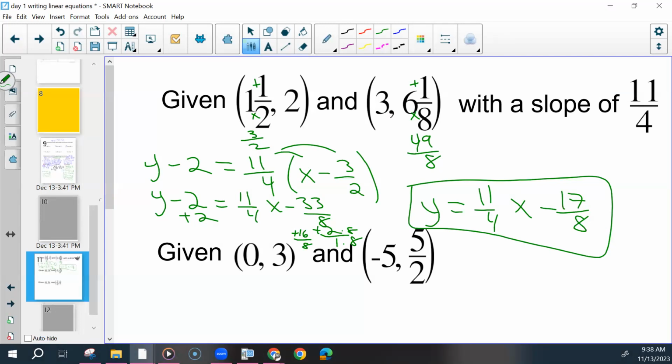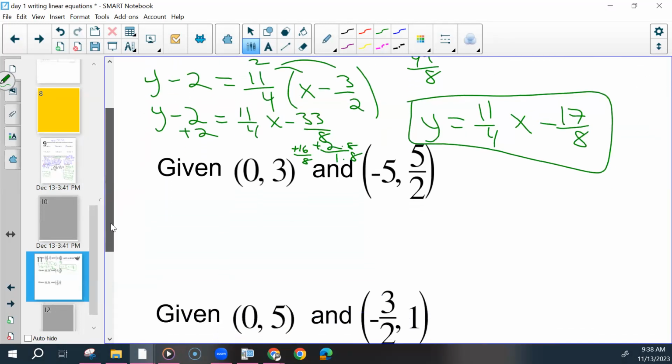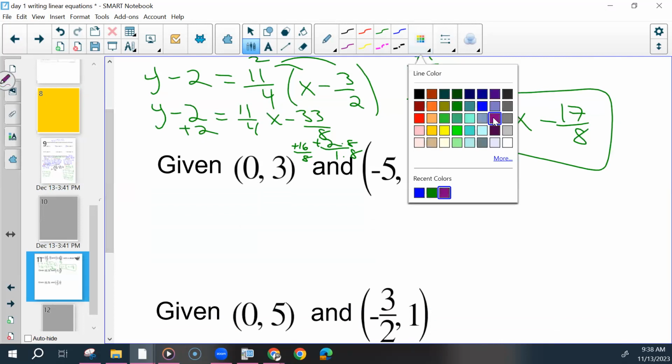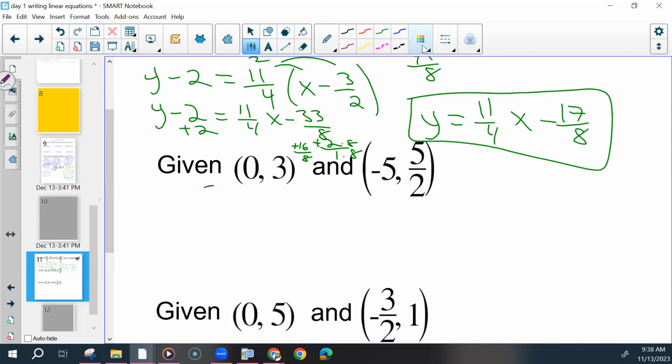Okay, this example, we don't have a slope, so let's find it. So this would be 5/2 minus 3 over -5 minus 3.